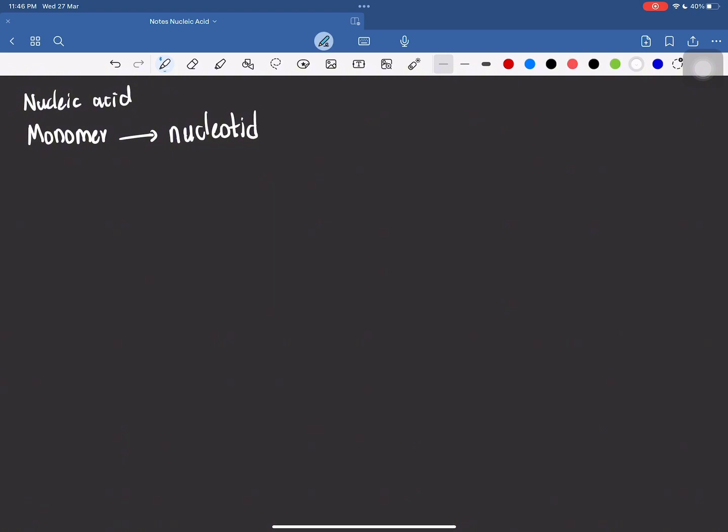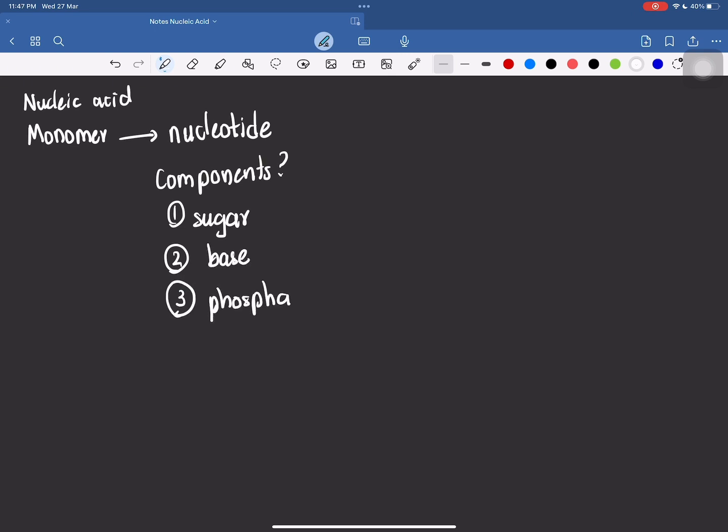So what are the components? Have you guys recalled? The first one is sugar, base, and then phosphate. Remember that I talked about two nucleic acids, that is DNA and RNA.